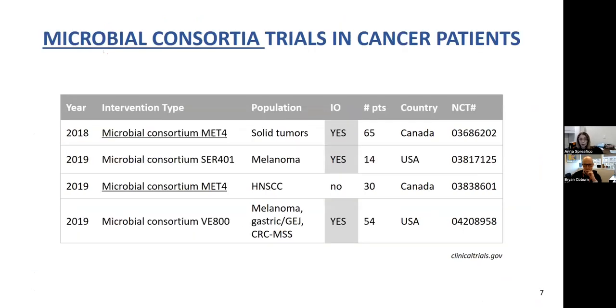And then if we go into the microbial consortia studies that appear to be registered, these trials are all in the solid tumor space, and most of them involve immunotherapy. And we are actually leading some of these trials.